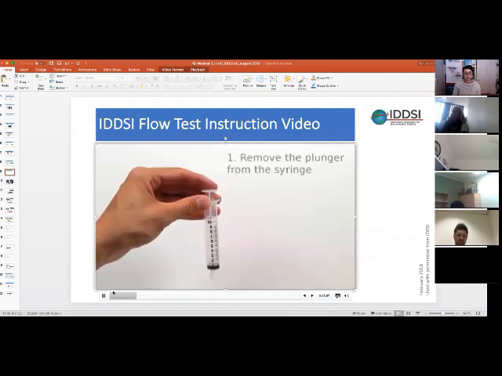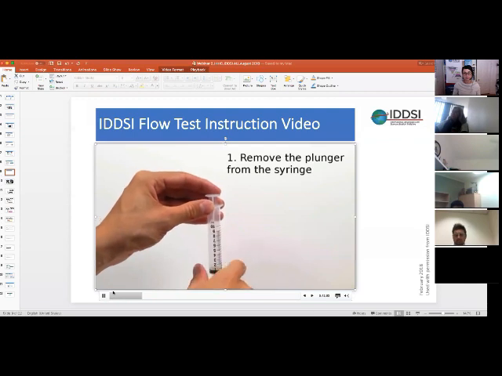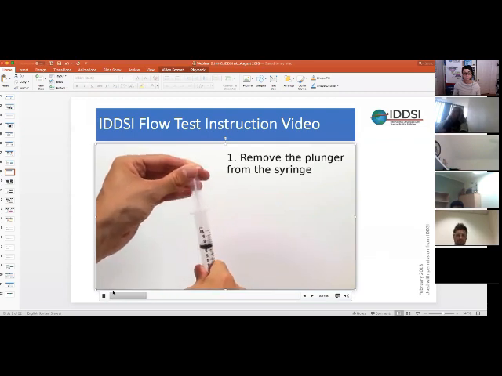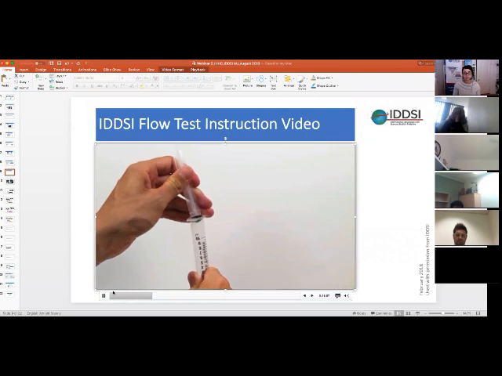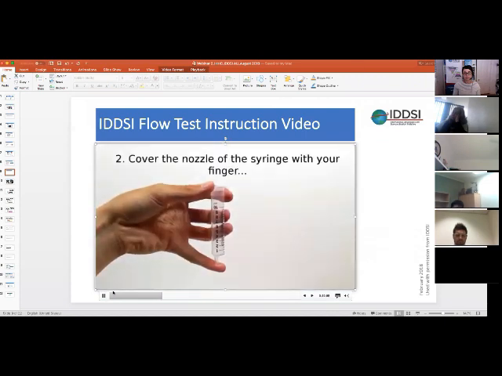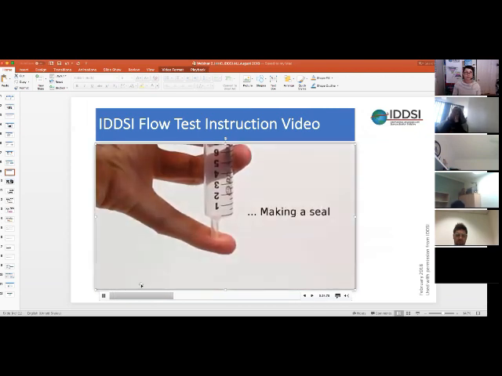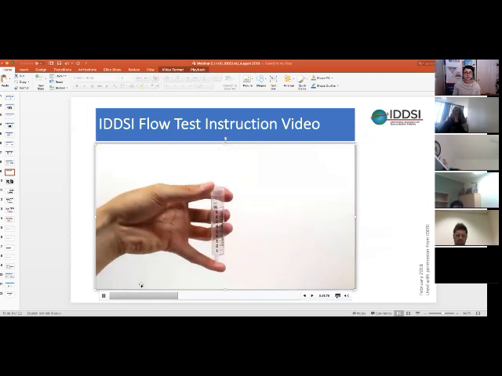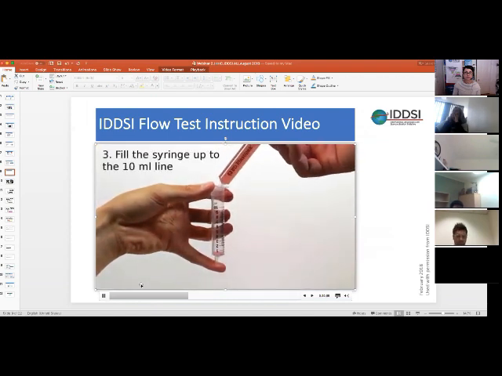Get a stopwatch and some 10 ml slip tip syringes. Remove the plunger from one syringe and discard. Cover the nozzle of the syringe with your finger, making a seal. Fill the syringe up to the 10 millilitre line with fluid.